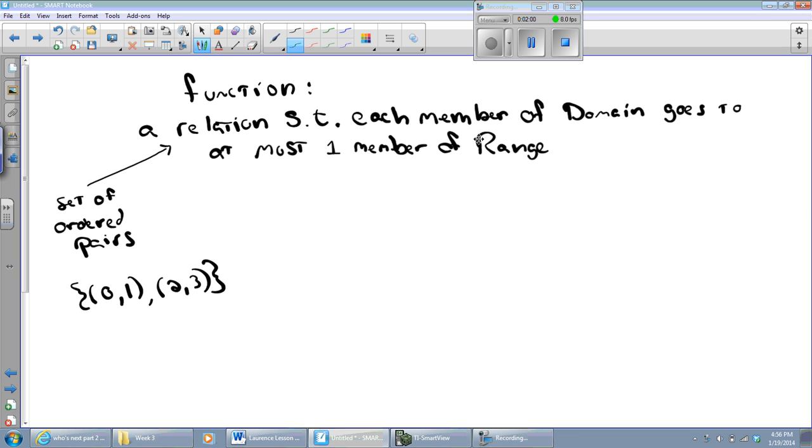I'll give you some examples, but basically what it means is if you have a member of the domain, an input number, you better only have one output number that goes with it. If you have more than one output number that goes with it, it's not a function. That's just by definition.